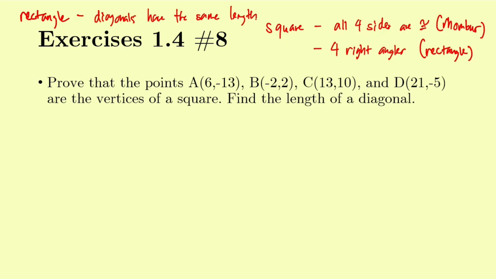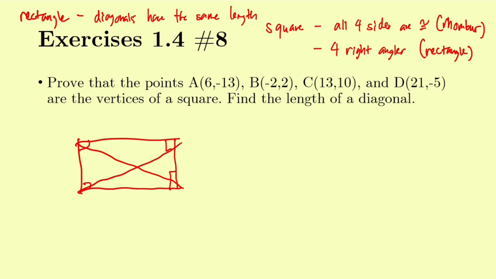Let's make a quick sketch of the comparison of a rectangle with other quadrilaterals. So here is a rectangle. Since these sides are parallel and each corner or vertex forms a right angle, if we measure the length of each diagonal, it will be exactly the same length.